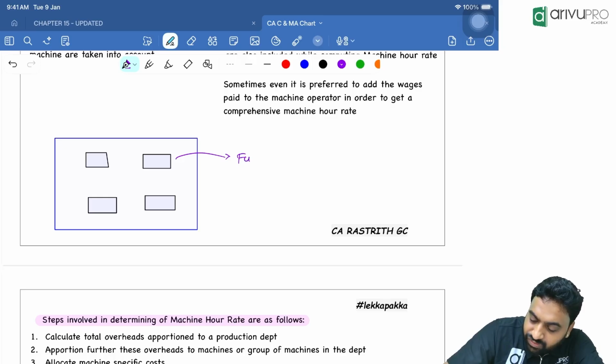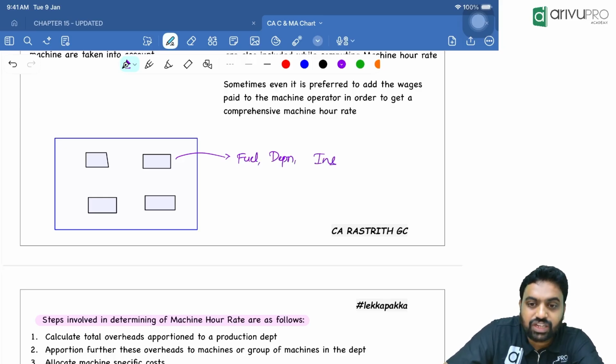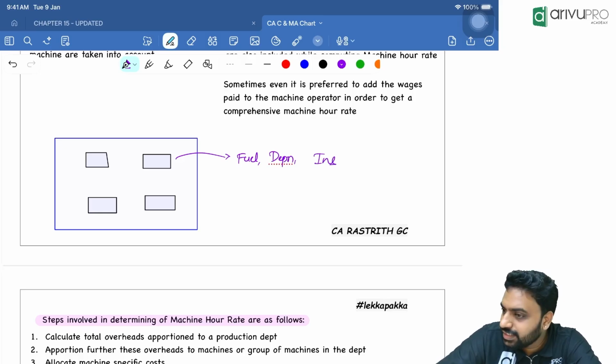That is your fuel, depreciation, insurance of machine, repairs and maintenance of machine, setup cost of machine. Like this, only the direct cost relating to that particular machine, only that I will take.